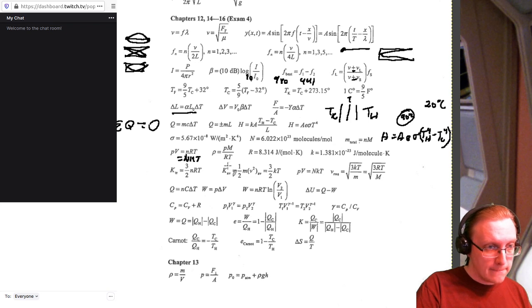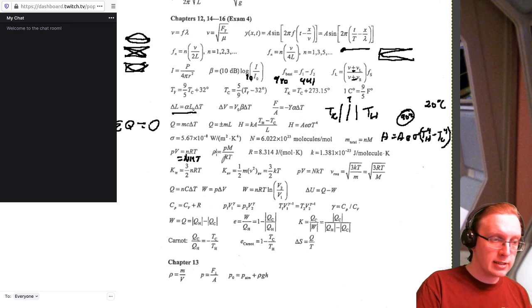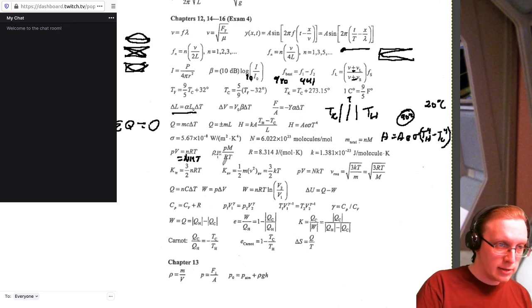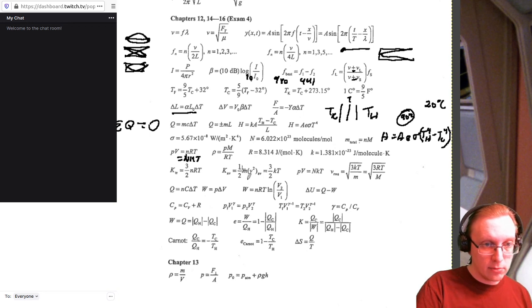Rho equal PM over RT. I think this is another conversion. This is like a density. So density of air, or whatever it is you have, equal PM over RT. I'm not sure what M is, but it has something to do with this M here. Oh, it's molar mass.